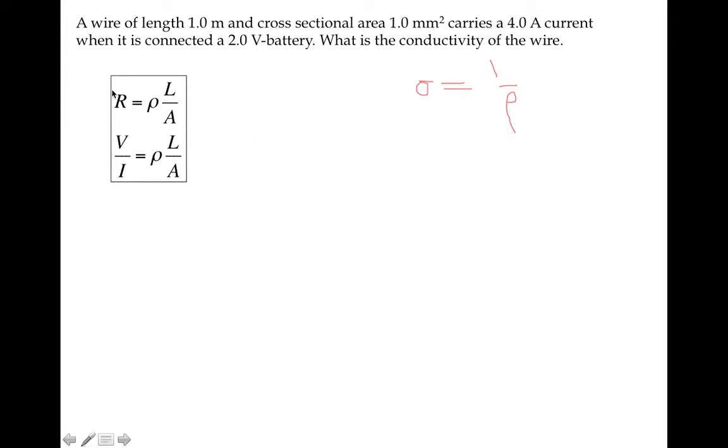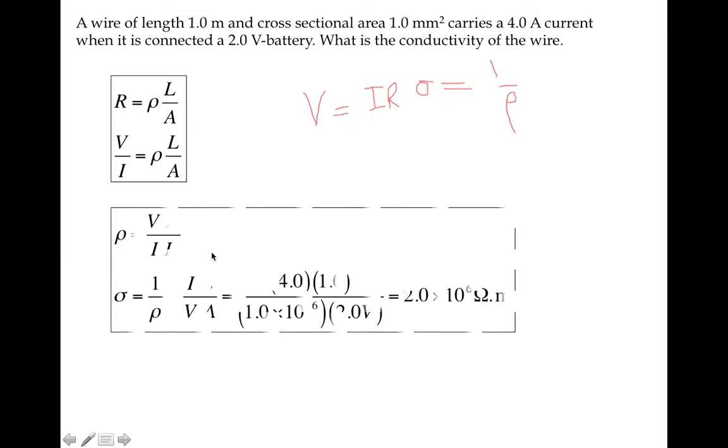First of all, I go back to my formula, and he did not give me R, but he gave me both the current and the voltage. So using V is equal to IR, which I did not mention, but everybody should know, Ohm's law. V is equal to I multiplied by R. So R is equal to V over I, and then I can do one more thing.